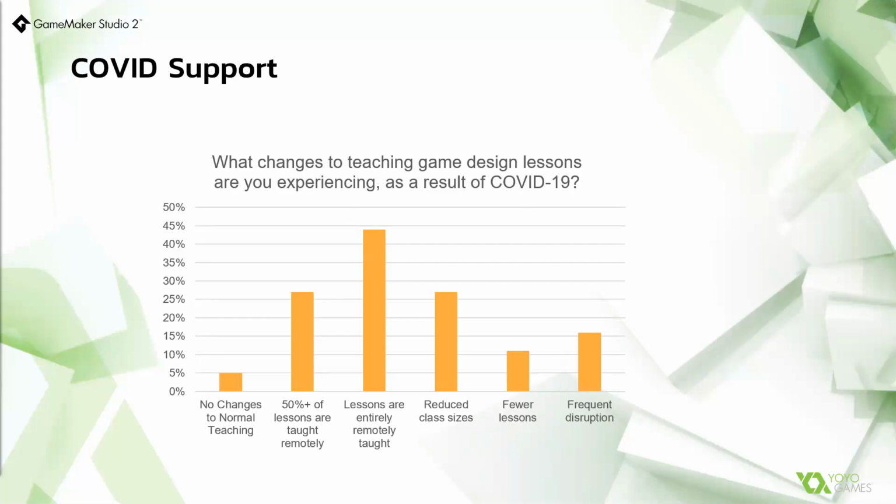So obviously with COVID and everyone needing to learn from home, what we did was we provide for every paid seat license that you have, we actually enable 5 students to log into that simultaneously.